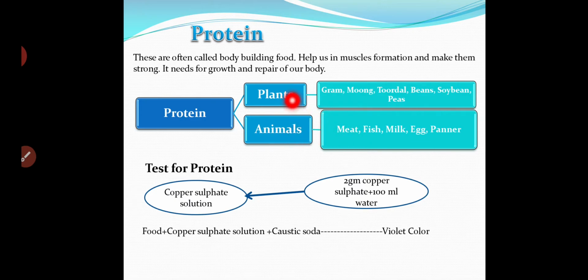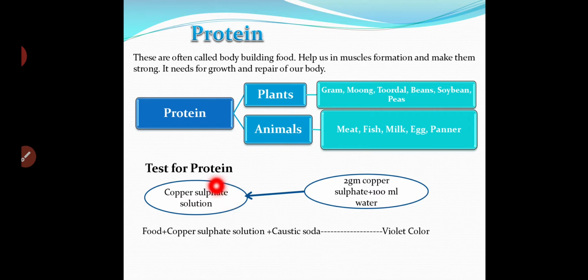Whether a particular food item contains protein or not, that test we also have to do. For that we need 2 gram of copper sulfate and 100 ml of water. We will add the 2 gram of copper sulfate in 100 ml of water and prepare the copper sulfate solution.